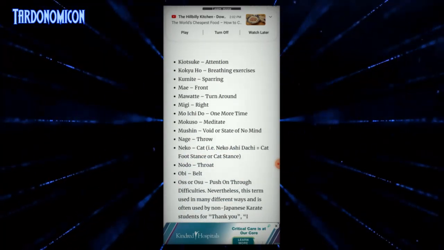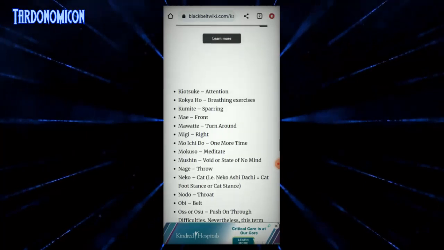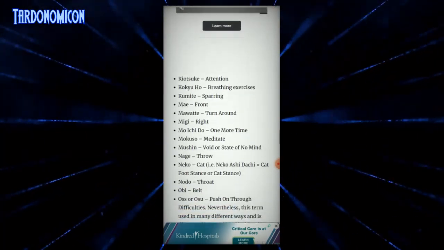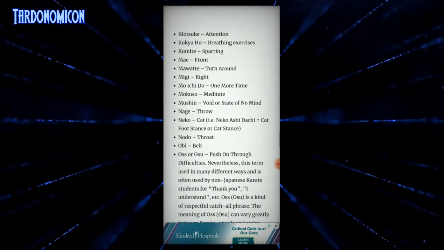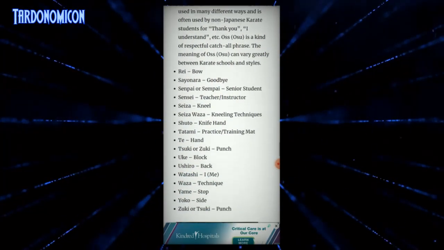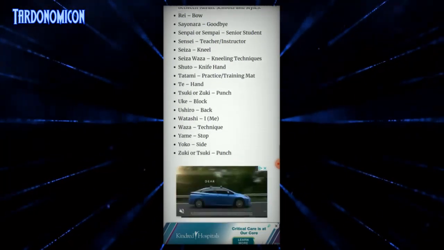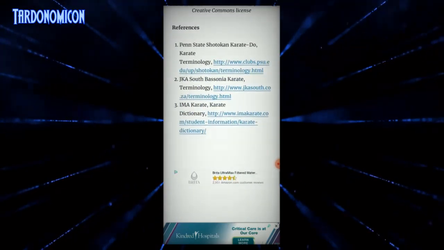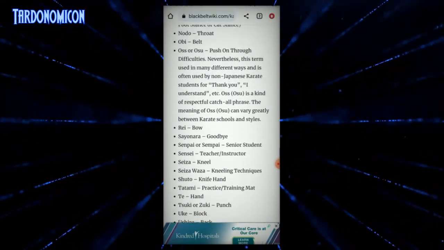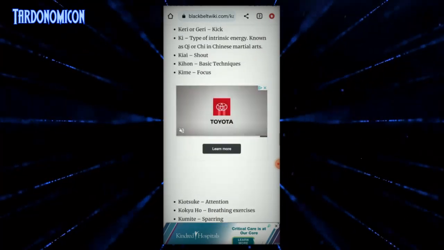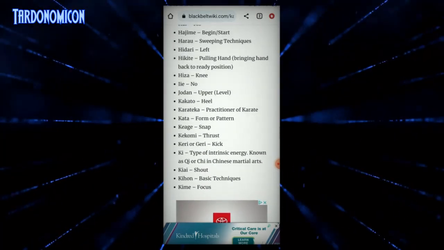Okay, these are the basic commands. You generally will not see these in a Korean class. Where you're going to see, as I pointed out, is the use of the word gi. The other thing is, in Korean, hand is su.